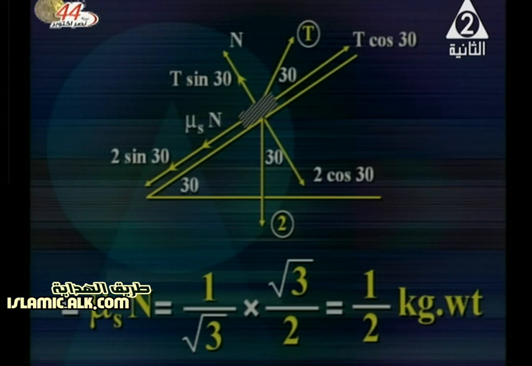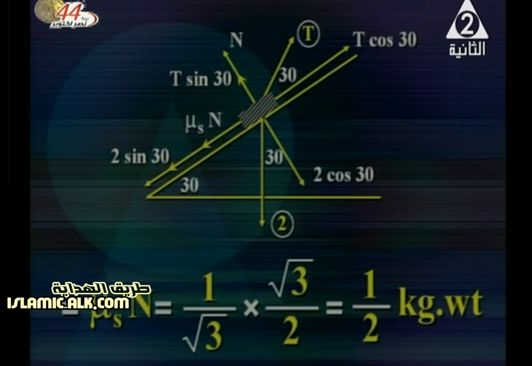After that, we find mu S equals 1 over root 3, and N equals root 3 over 2. By substitution, mu Sn, the static friction force, equals 1 over 2.